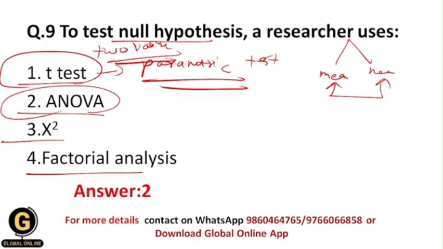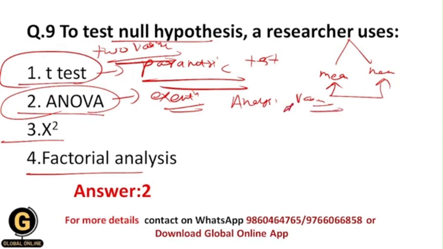ANOVA, what is this? So ANOVA is the extension of t-test. I mean to say, this is the test which is based upon t-test only, but this is the advanced t-test, okay. And here we are going to analyze the variance basically.